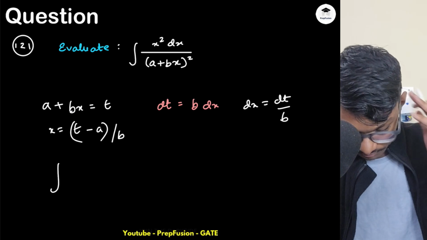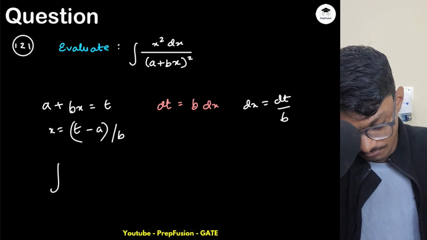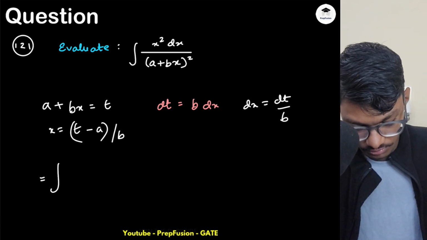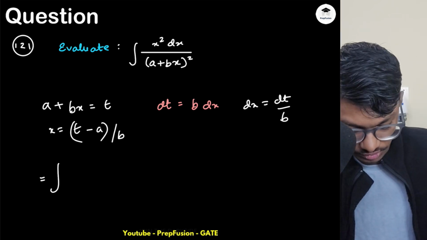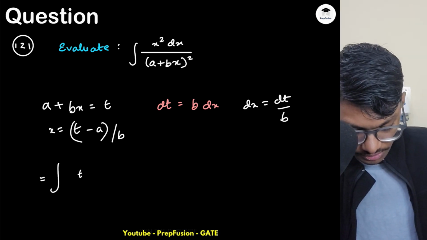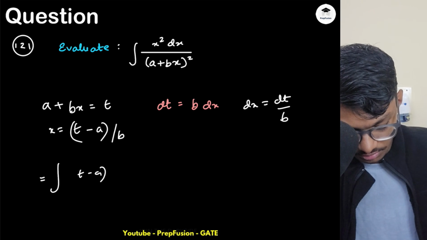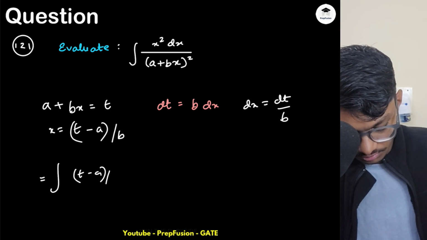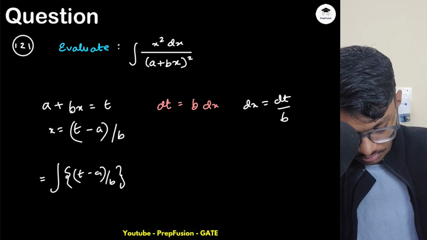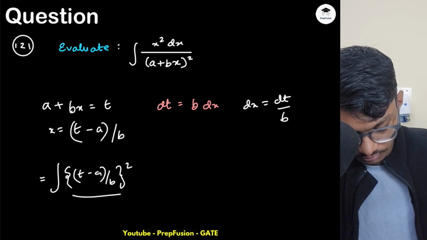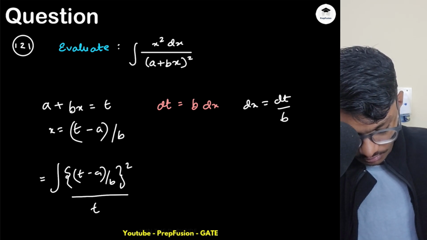So this will be simply x square. So this will be t minus a by b whole square divided by t square into dt by b.